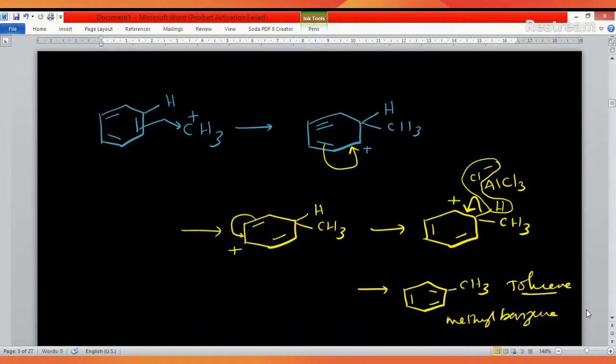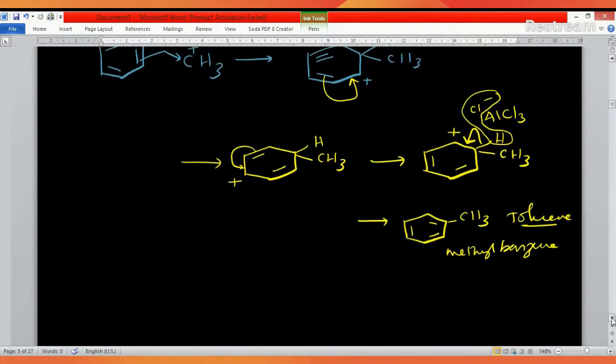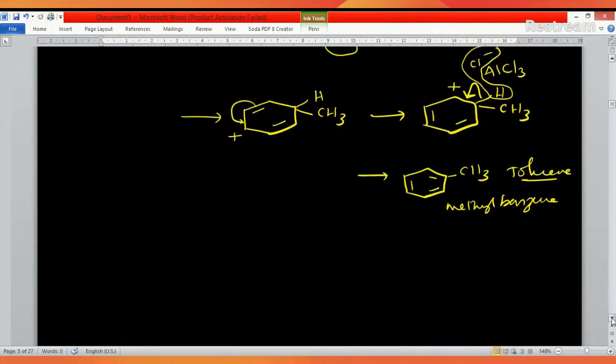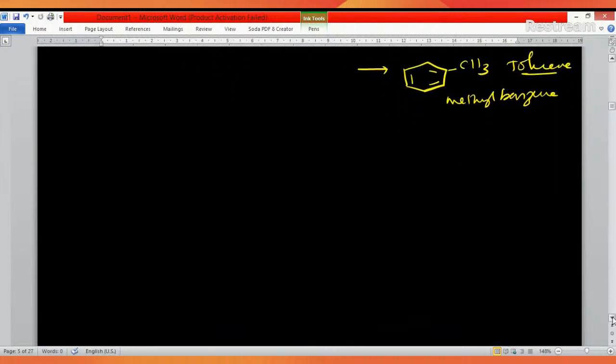I think you are all following. It's very, very simple. It's the simplest task to follow this matter. All are possible with the help of the same mechanism, the same reaction pathway, in which so many intermediates are made while the introduction of electrophiles. Just have a consolidation. These are all the electrophiles so far substituted in the benzene ring.